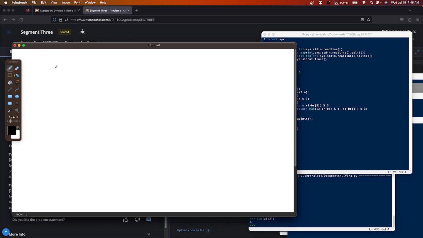Actually, wait, I don't think it's entirely a DP setup, because if you have like 0, 0, 1, you'll get 1 as your answer for the number of reductions. Then here you could just take everything here, so then it becomes 3.